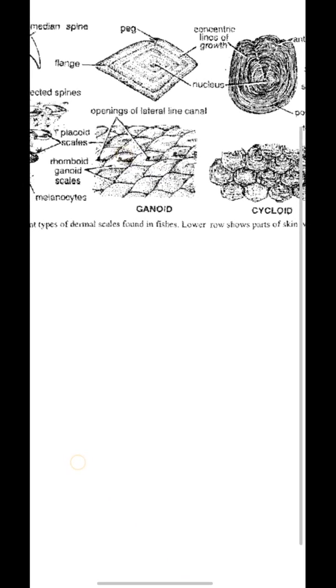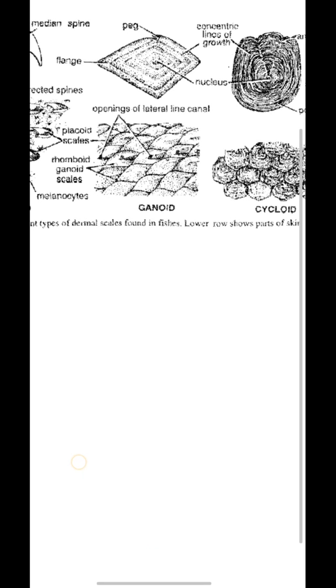In some cases, they may also overlap. The ganoid scales are the characteristics of chondrosteans, that is Polypterus and Acipenser, also holosteans, that is Lepisosteus, and therefore they are known as ganoid fishes because they consist of ganoid scales.